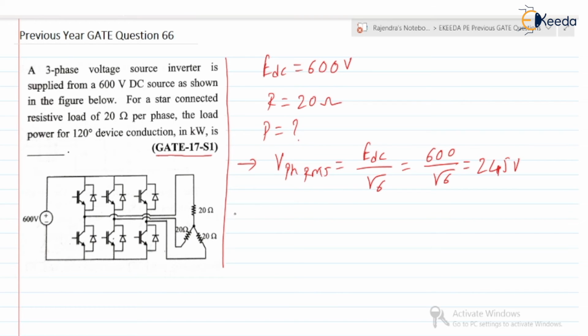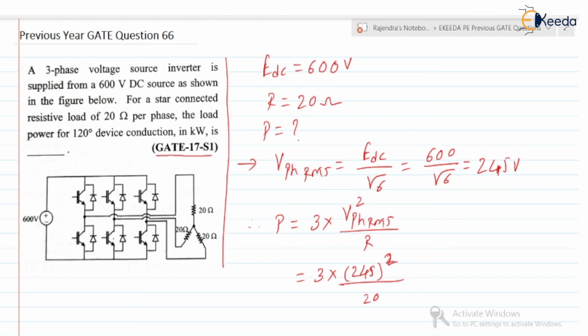So next, the load power, therefore P is equal to 3 into V_PH, the RMS value of load voltage per phase, squared divided by R. So this can be written as 3 into 245 squared divided by R, where R is equal to 20.